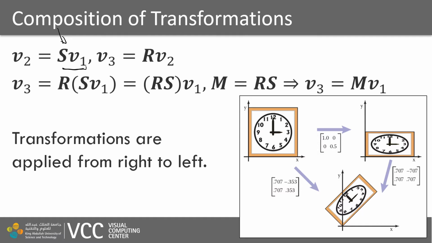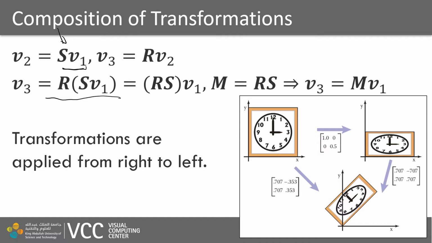Now, if we rotate the point V2, we will end up in the point V3. So if we want to express the point V3 with respect to point V1, this will be the corresponding formula. First, V1 needs to be scaled in order to become V2, and then V2 is rotated so that we get V3. This calculation of matrices is not commutative, but it is associative.